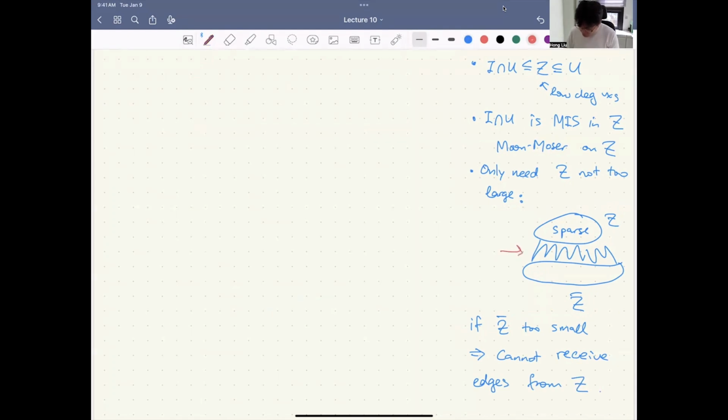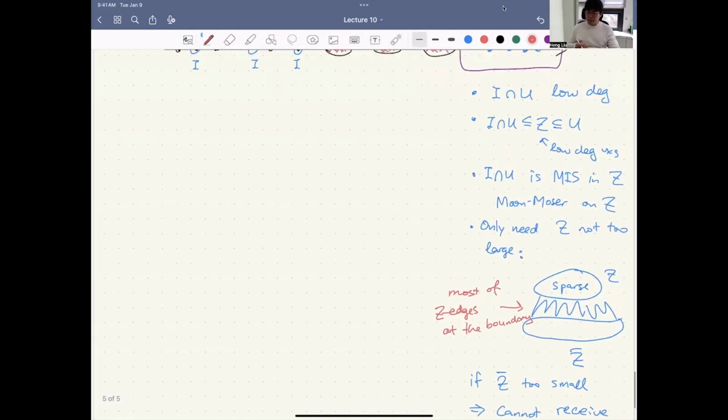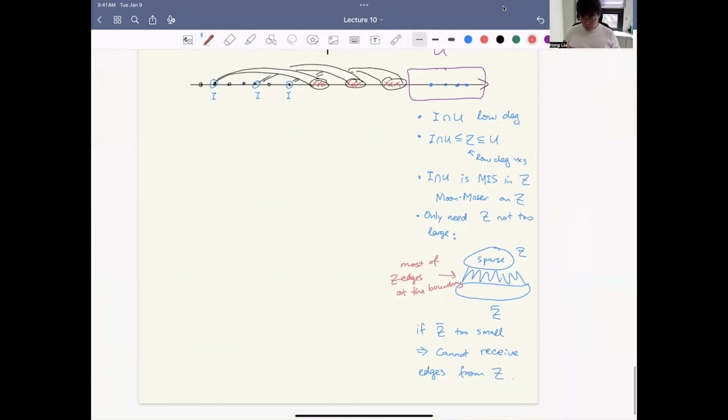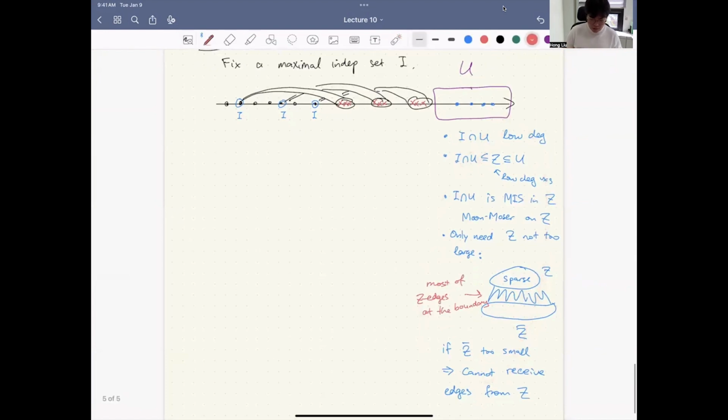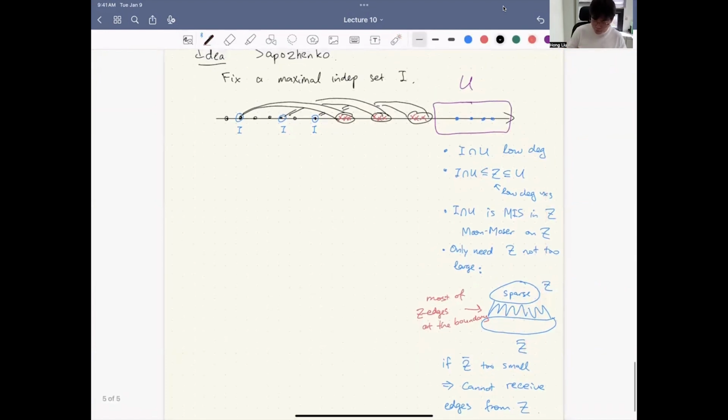Most of Z's edges are at the boundary. Boundary means goes from Z to Z complement. That's the idea. Now we implement this idea here. Proof.